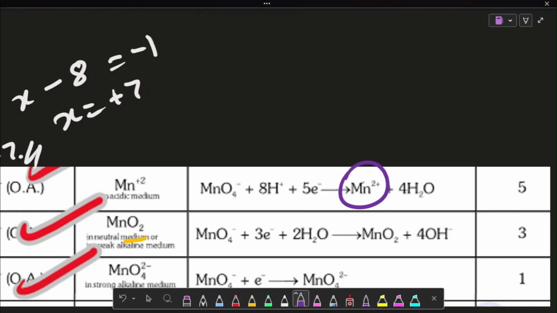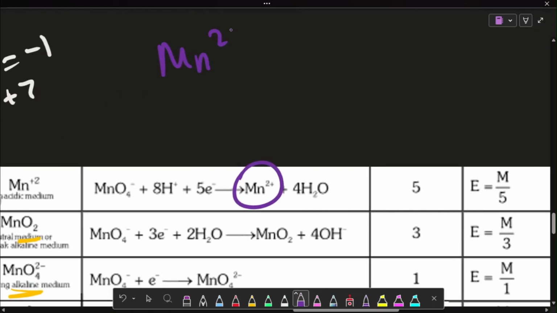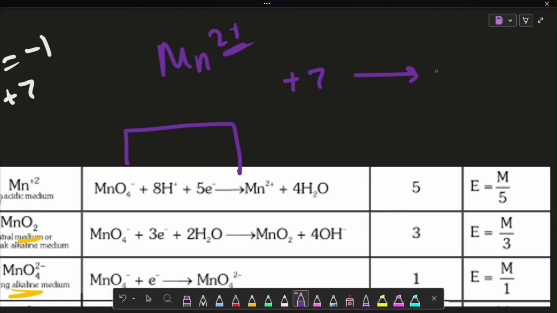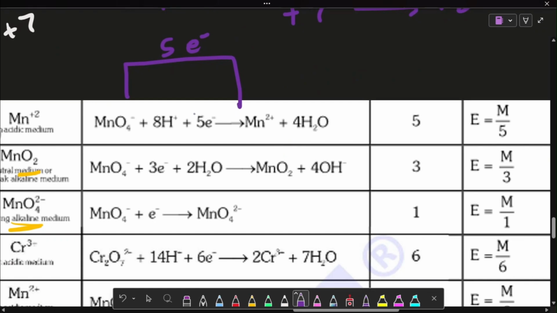So what's the electron change that occurred? You're going from plus 7 oxidation state to plus 2 oxidation state. That's reduction, reduced by 5 oxidation states, so that's 5 electrons. You can see it over here.